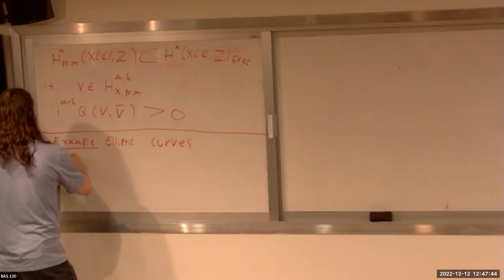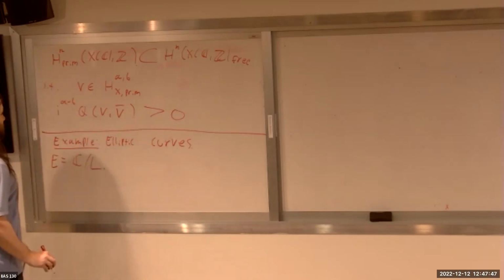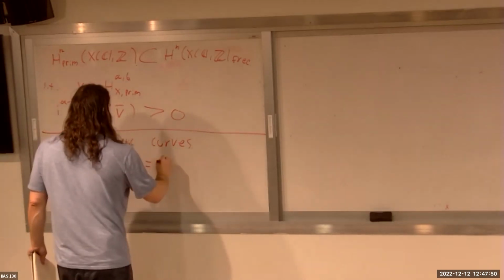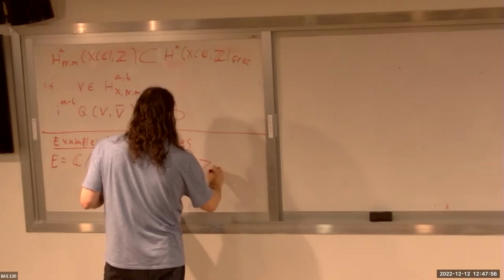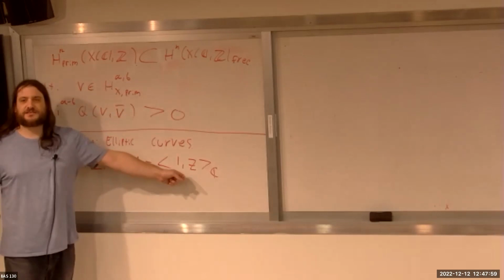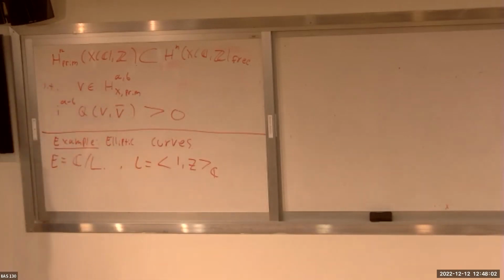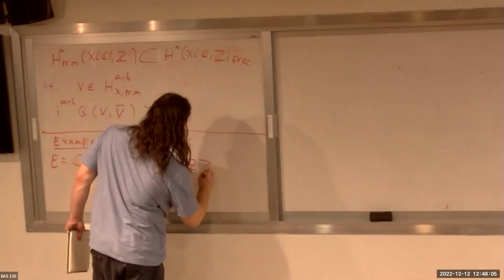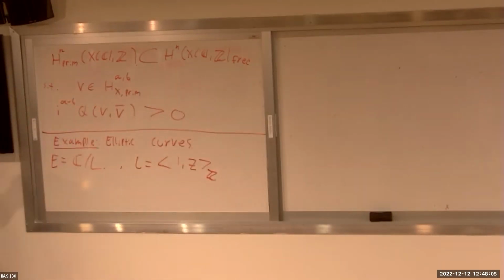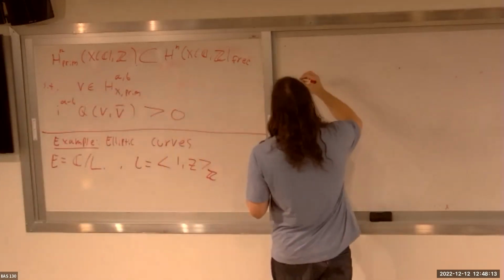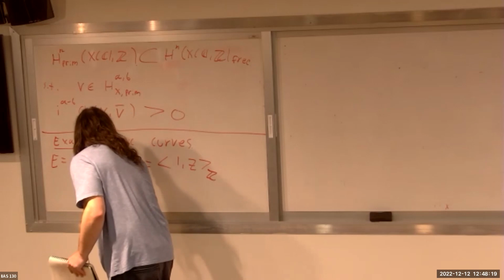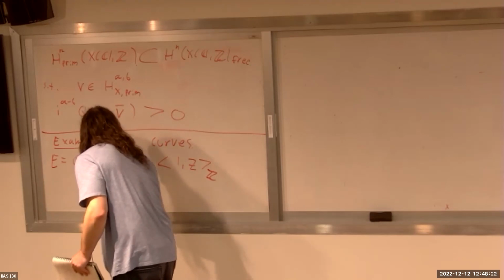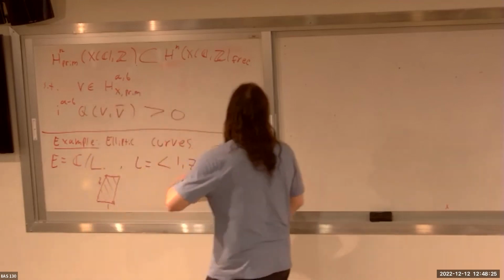So I'm going to think of my elliptic curve as C mod L, where L is literally the span over Z of 2 points, which I can then scale one of them to be 1. So I mod out by a rank 2 lattice and you get the curve in the usual way. Maybe I'll draw a little picture here. Here is 1. Here is Z. And I'm looking at the quotient here.